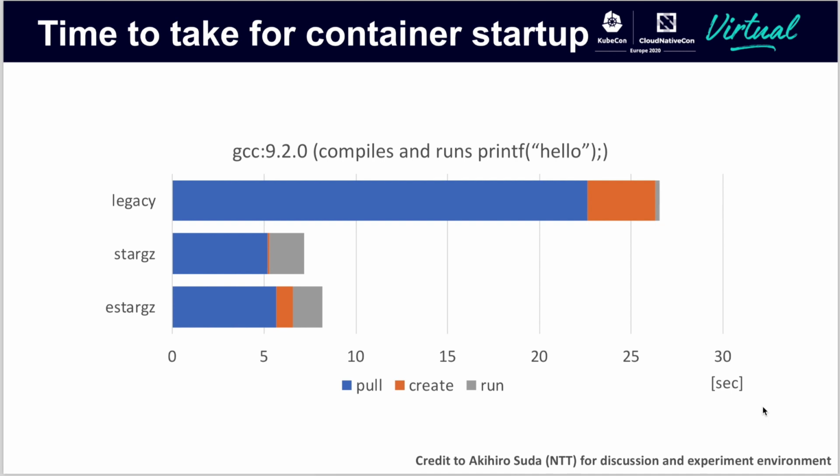For this image, run takes longer even with eStargz, and it is because the startup performance compiles a Hello World C program, but the source code isn't included in the image; it is provided at runtime by mounting the source code directory.